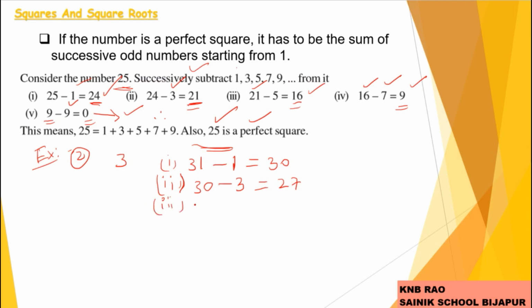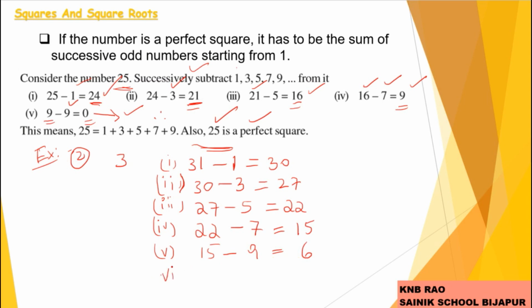In the third step, from the difference 27, I subtract the third odd number 5, which gives 22. In the fourth step, from 22, I subtract the fourth odd number, which gives me 15. In the fifth step, from 15, I subtract the fifth odd number 9, which gives me 6.